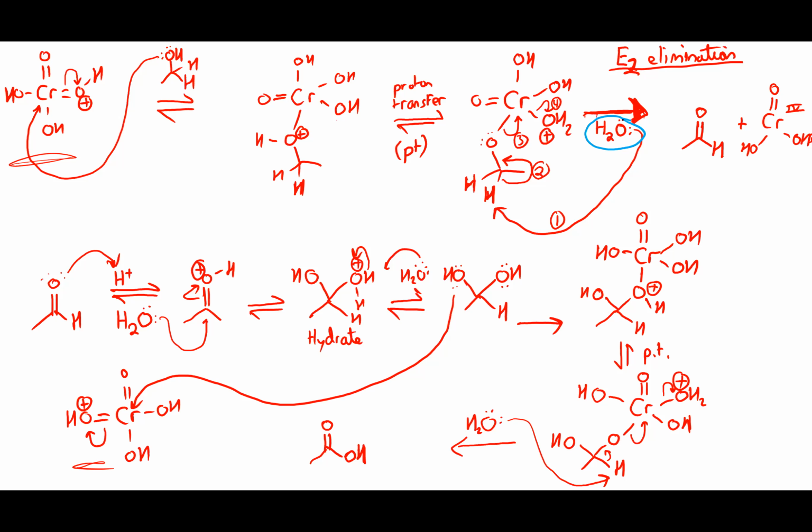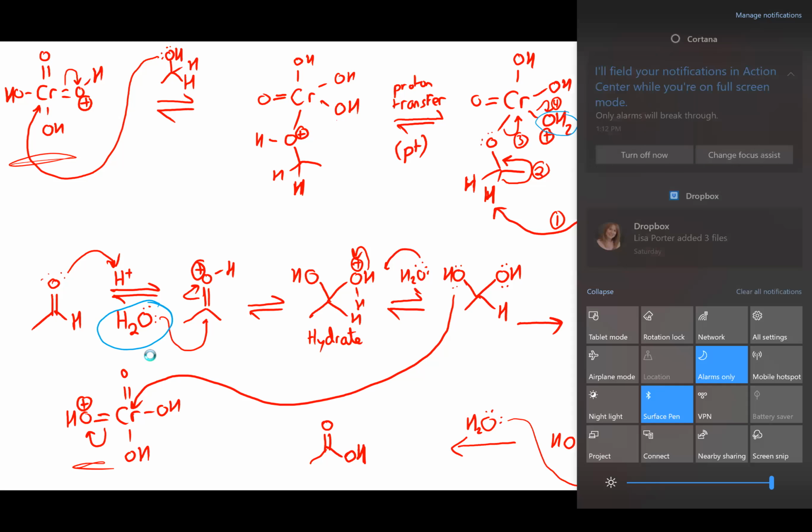We've needed water to make this hydrate, and we needed water to do this final elimination. But this water here, you can imagine, can come from this guy here. We've been chucking waters left, right, and center. But for this hydrate to happen, you need water. So there's another reagent we can use.